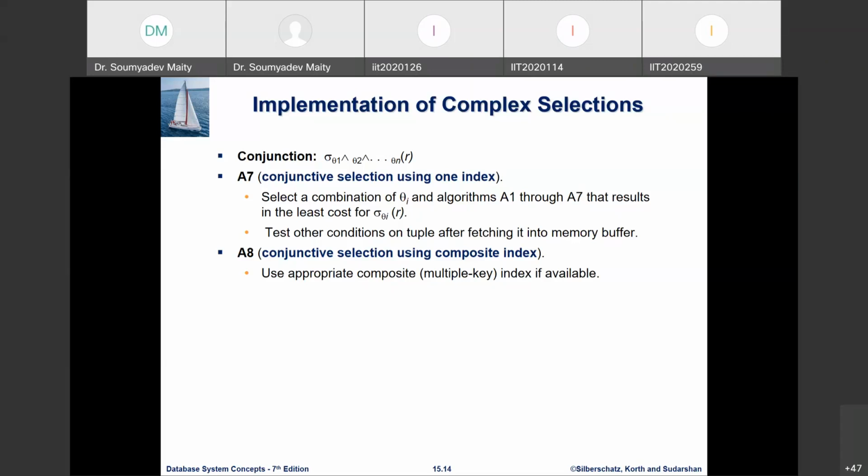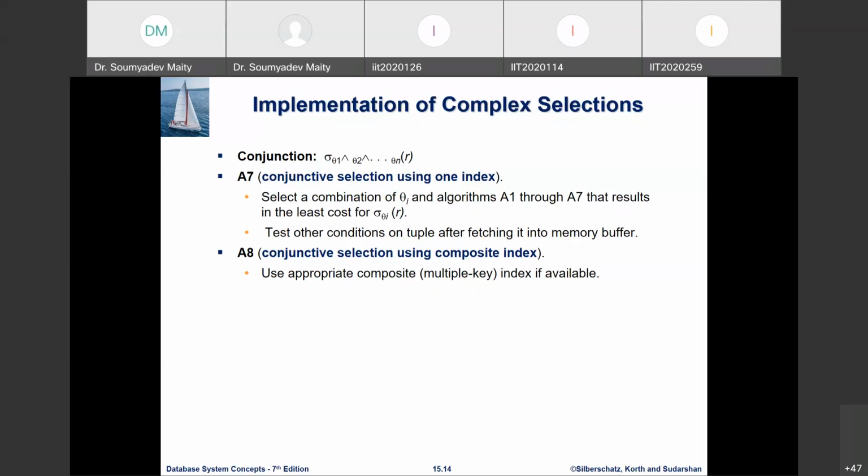Here we are assuming that one index exists. If an index does not exist, then you have only one option: you can apply only algorithm A1. But when you apply A2 to A6, you are assuming that there exists an index.